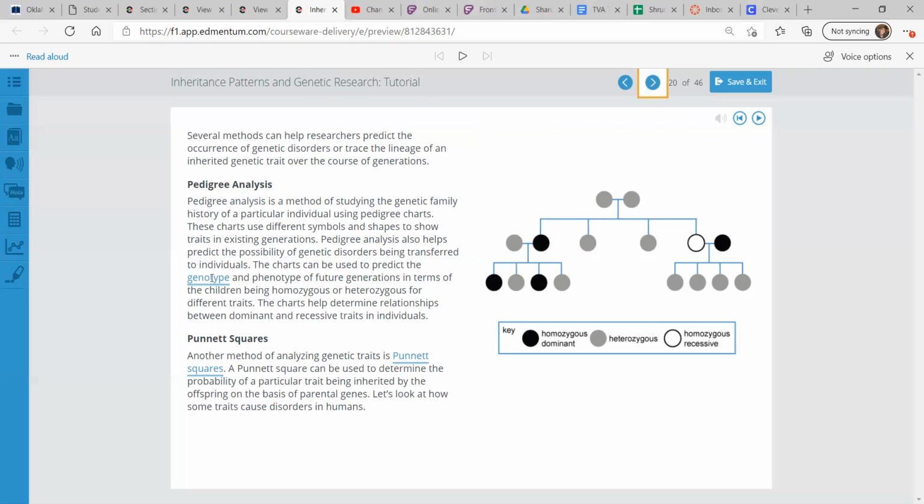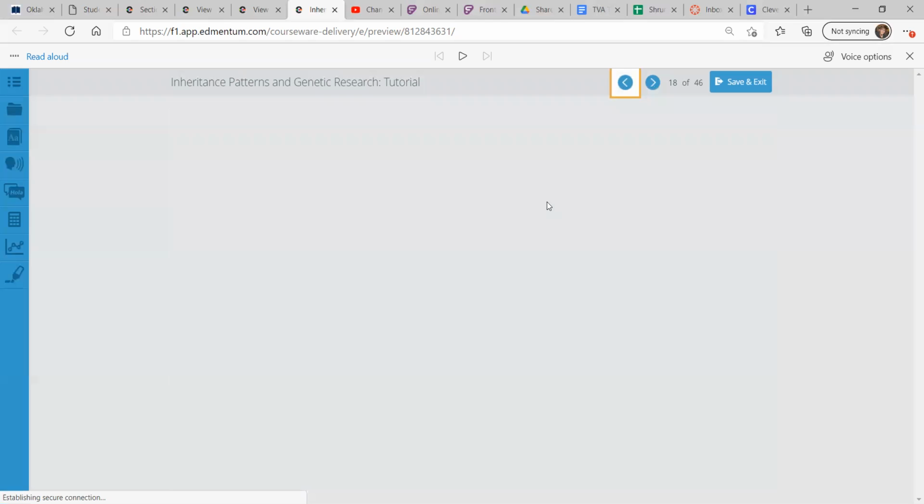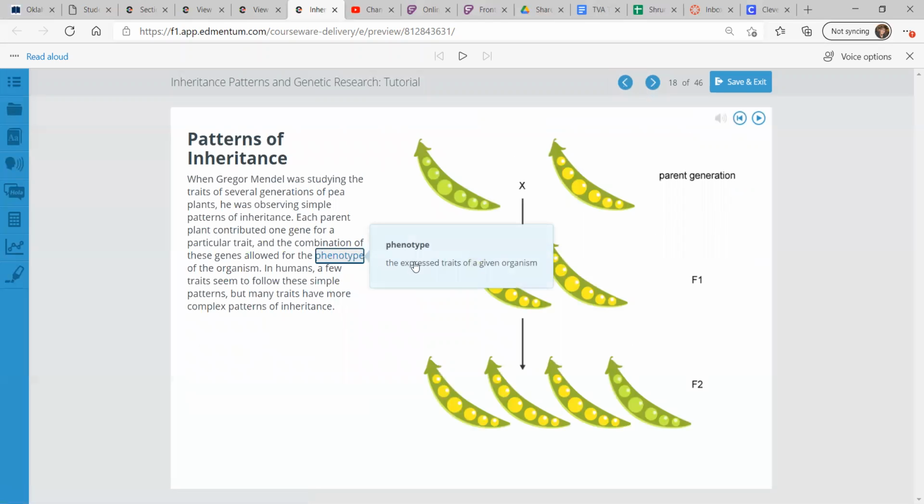And I'm going to click on the genotype definition. That is an organism's entire genetic code, including genes that are not expressed in the phenotype. So think of genotype, gene, genetic code. That's their entire genetic code, while we saw another definition earlier, phenotype.